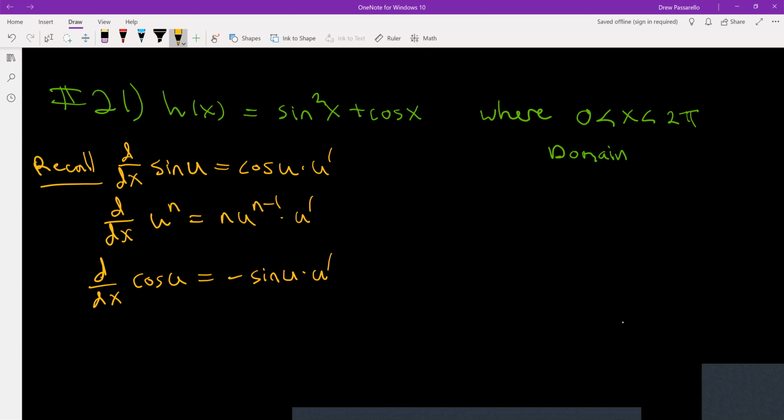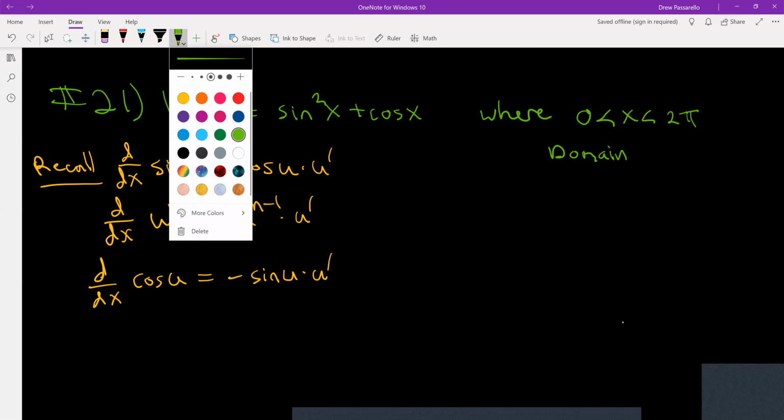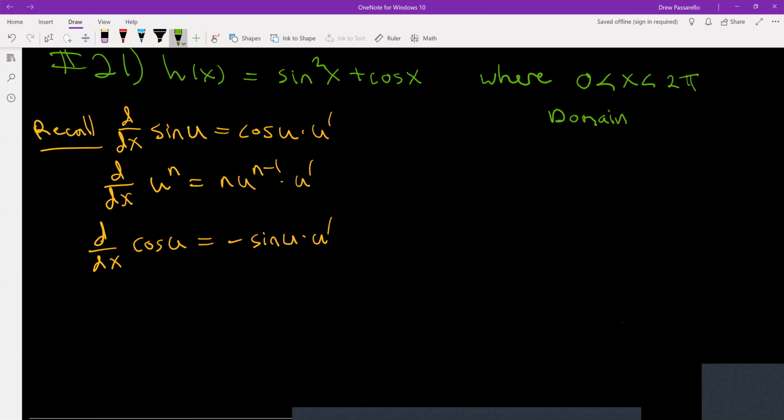All right, so for sine squared of x, maybe it will help to write it as h of x equal to sine x raised to the second power, plus cosine x. That way, you know you've got to use the power rule.